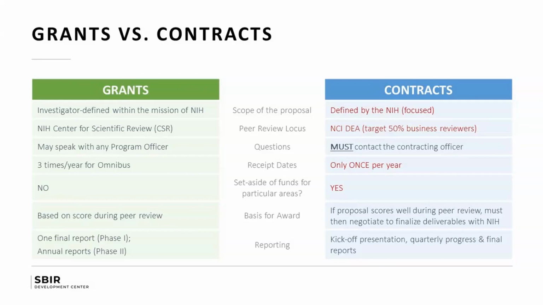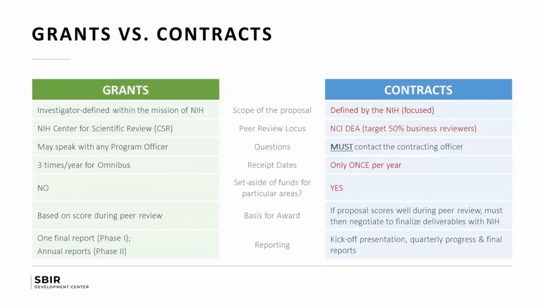Unlike the grants, which are peer reviewed at the NIH Center for Scientific Review, the contracts are reviewed within the NCI by the Division of Extramural Activities. They have special review panels to accommodate as many business reviewers as possible.